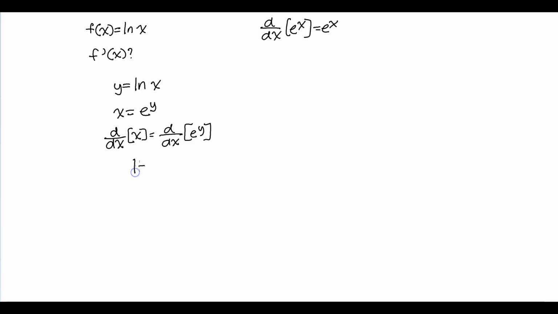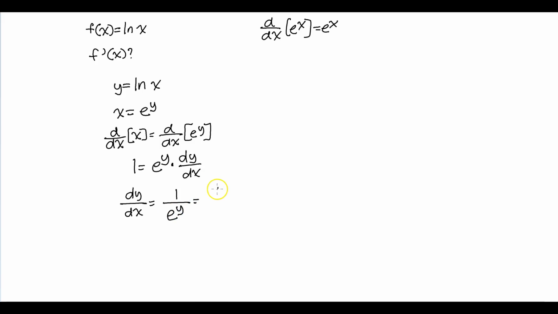You get 1 equals e to the y times dy dx. The derivative of e to the x is e to the x, and we're just doing this implicitly. So if we solve for dy dx, we get dy dx equals 1 over e to the y.